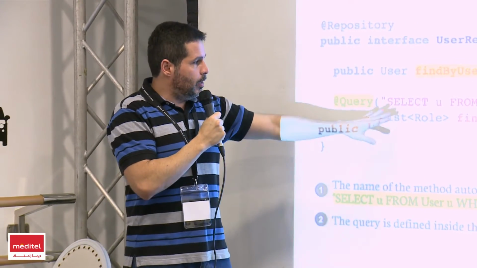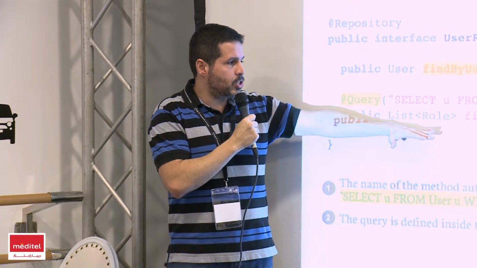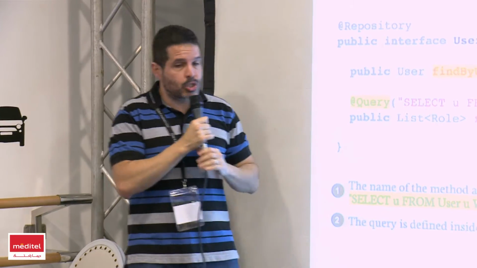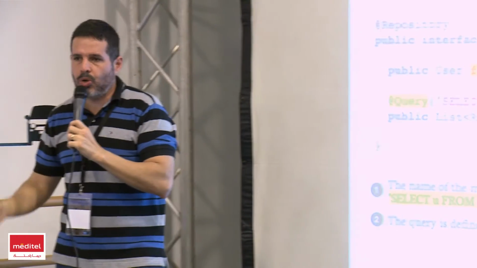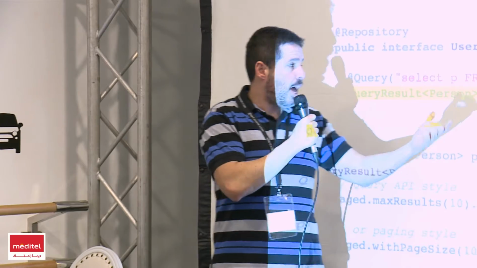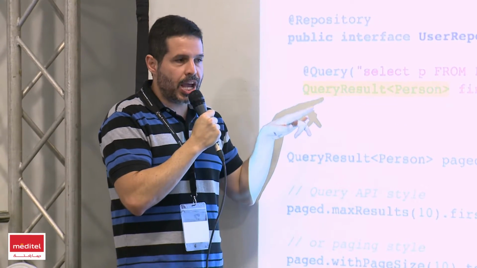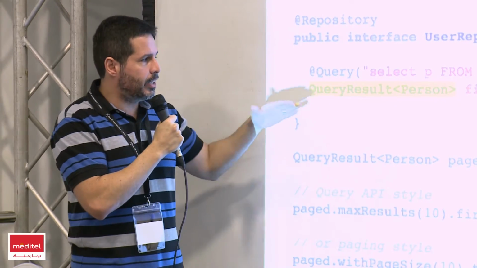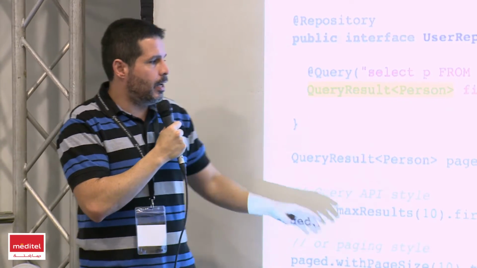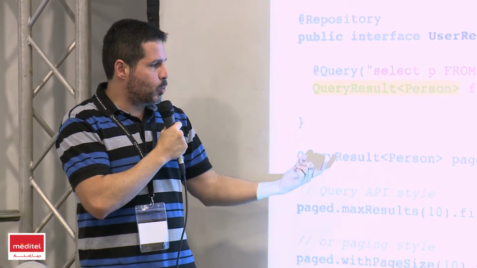But take a look here. It's returning a list of roles. But suppose that I want to have more control over this query. Suppose that I want to do pagination. So instead of returning a list, I can return the QueryResult object. I can do something like findByAge returning QueryResult of Person.